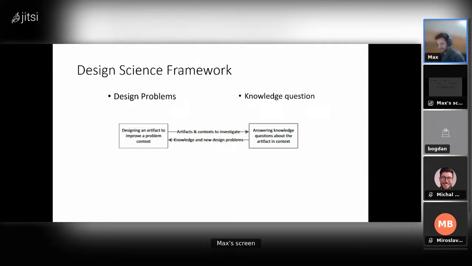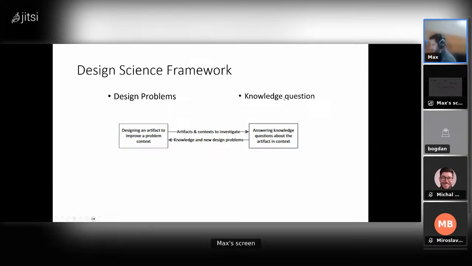But there is some kind of paradox, because for a design problem, you often need to investigate, and for a knowledge question you will have some design issue. If you see these boxes, for a design problem, we are designing an artifact to improve a problem context, but then the artifact and the context need to be investigated.